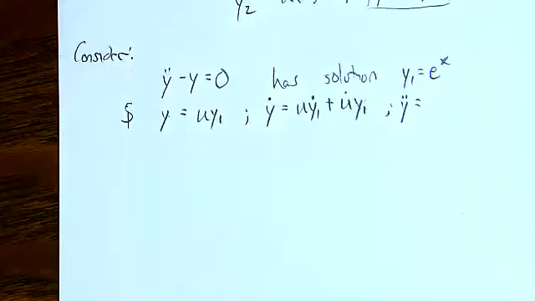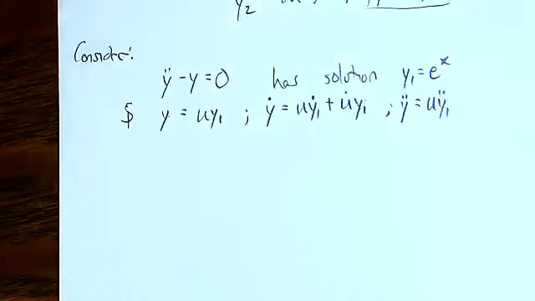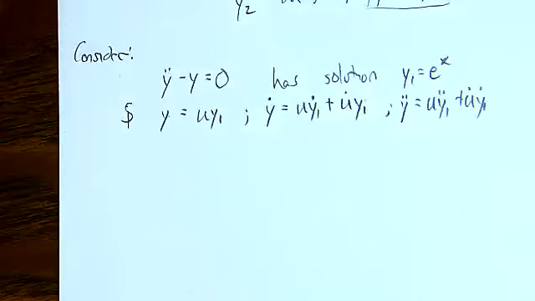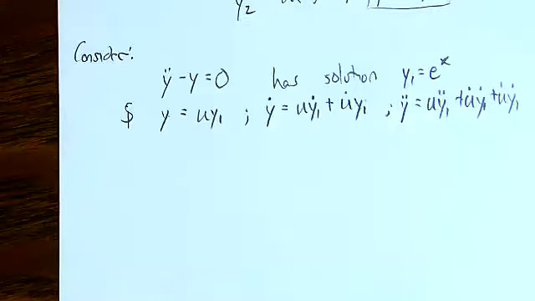And the second derivative of y is u y1 double dot plus u dot y1 dot plus u dot y1 dot plus u double dot y1.